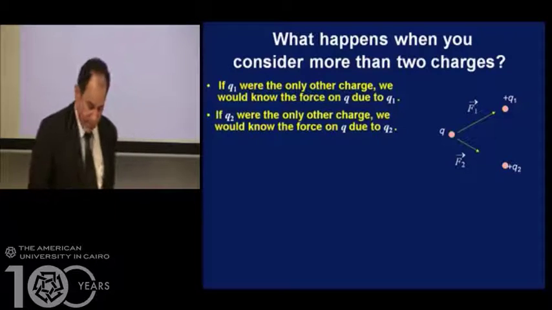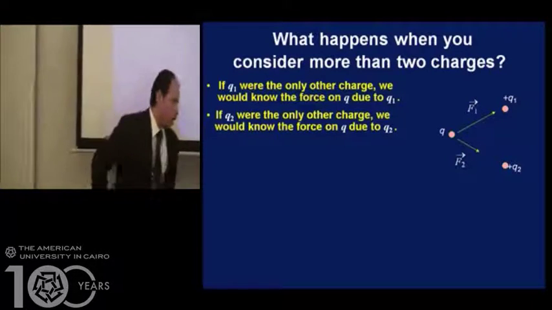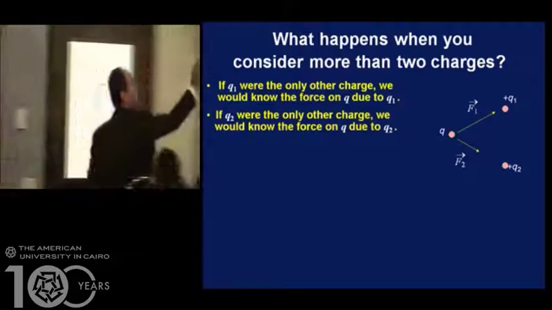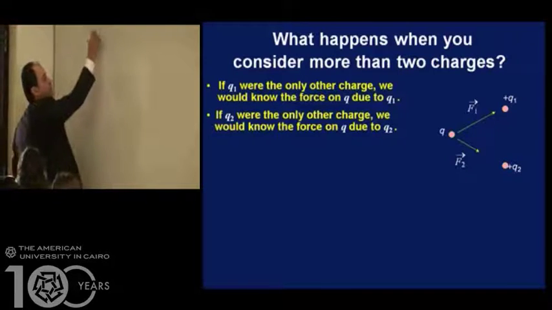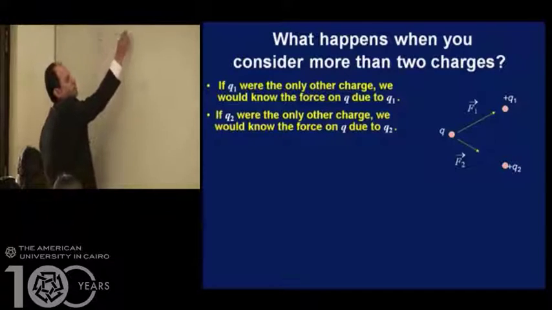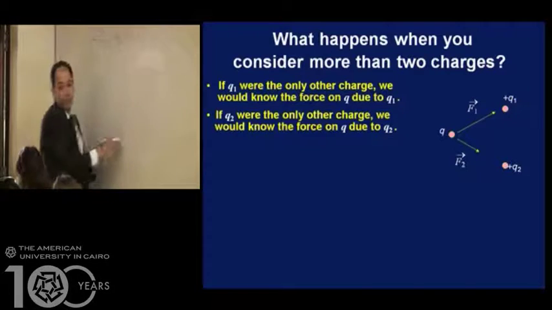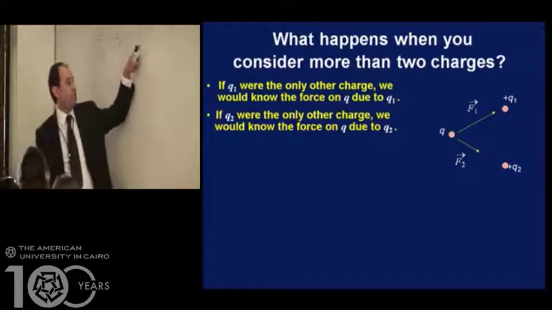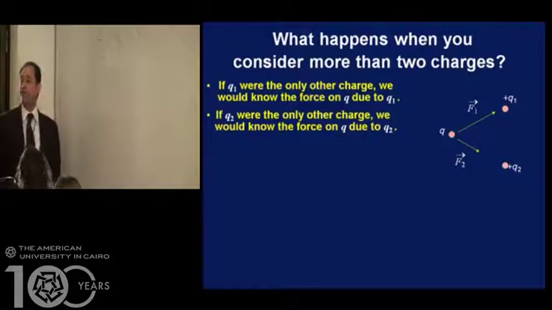So let's assume that the force from Sharif on Amr, F12, Amr being charge number 2, will equal 3i plus 5j, and the unit is Newton. So it's 3 newtons along the x-axis and 5 newtons along the y-axis. That's the force from Sharif on Amr.